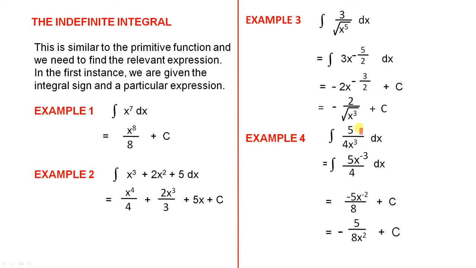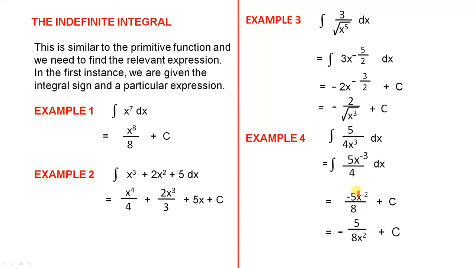Example 4. 5 over 4x cubed is 5 over 4. Now, 1 over x cubed is x to the minus 3. So that becomes x to the minus 2 when you integrate. And you divide by the 2, so that's why that's 8.